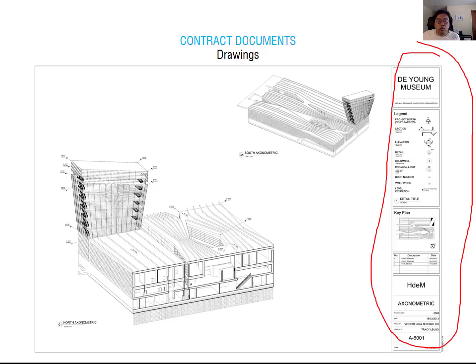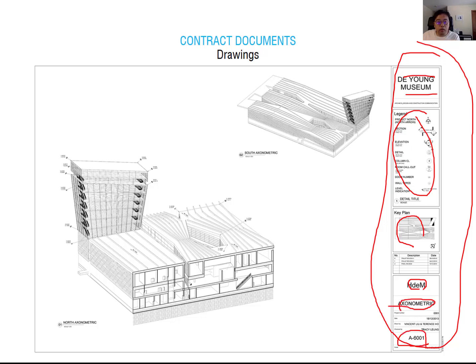The title block introduces the project name, the symbol of your drawing, and also has to show the key map for your section. This is the office name, Herzog and de Meuron, then the sheet title, and you can also see the sheet number here.